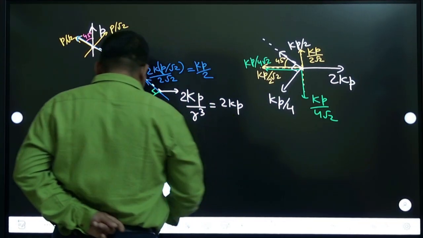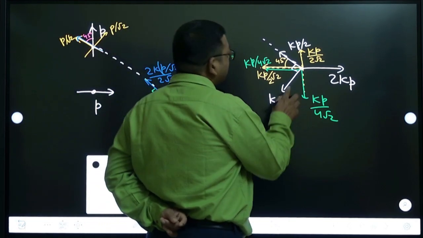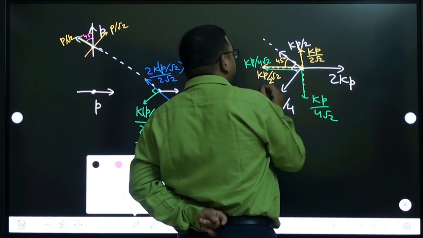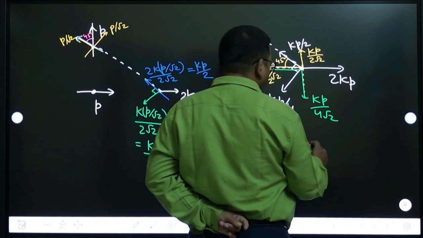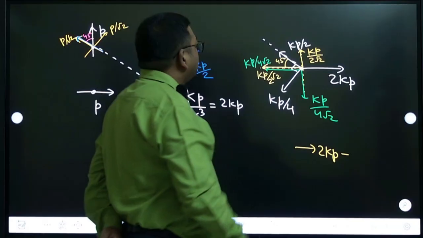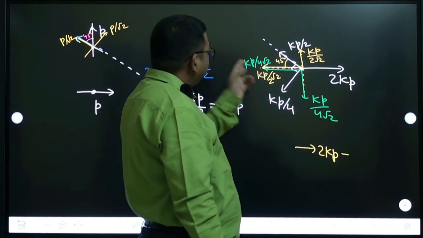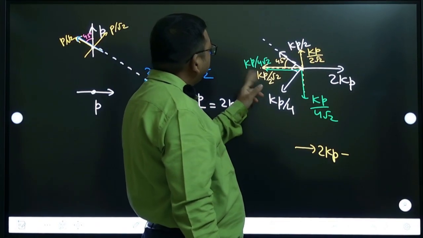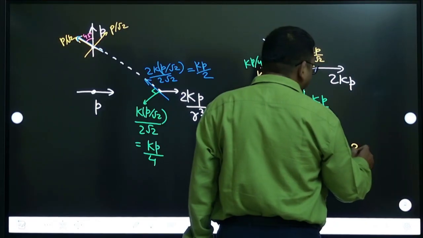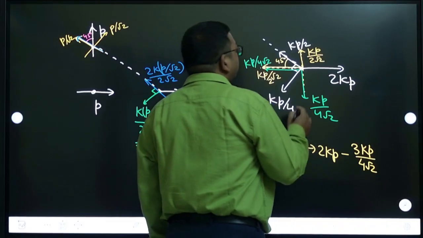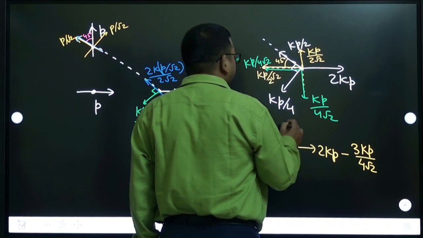Now let us add all the component along x-axis. So x-axis component is 2 kp, and this is kp by 4 root 2, kp by 2 root 2. So how much it will be? This is 2 kp. I will subtract that, right? So if I take LCM as 4 root 2, so 8 root 2 minus 3, times kp by 4 root 2. What about the vertical component? Vertical component is this side.